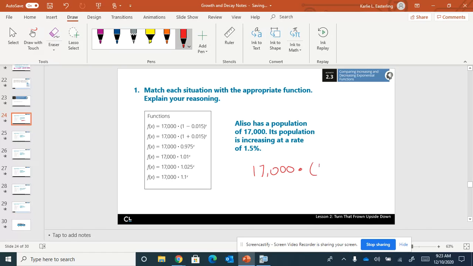So remember, that'll be that 1 plus, and if we're looking at a percentage, we're going to need a decimal for this problem. If we're looking at 1.5, we've got to move our decimal to the left twice. So this will be 0.015 to the x power. So that'll be that first function there that we're crossing off. Oh, wait, no. Sorry, the second. That first one has a minus.